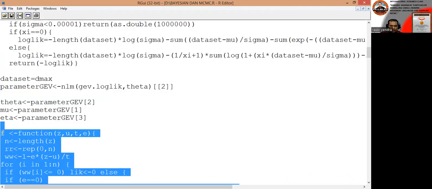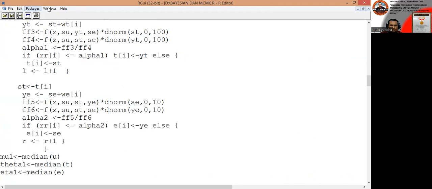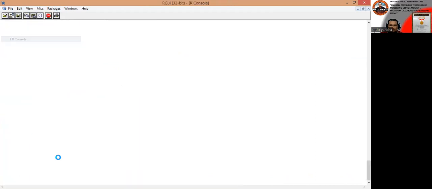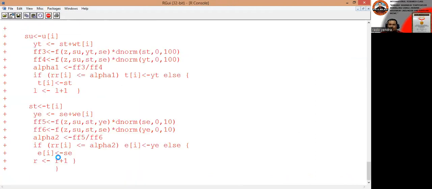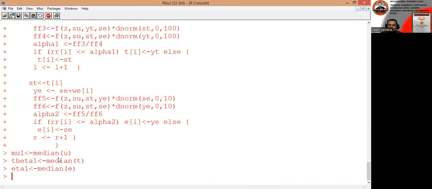Run here, and then we come to the console. Okay, we wait. It needs a little time to process the parameters when we are using Bayesian MCMC.